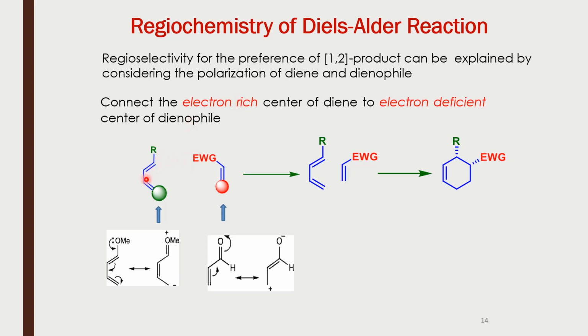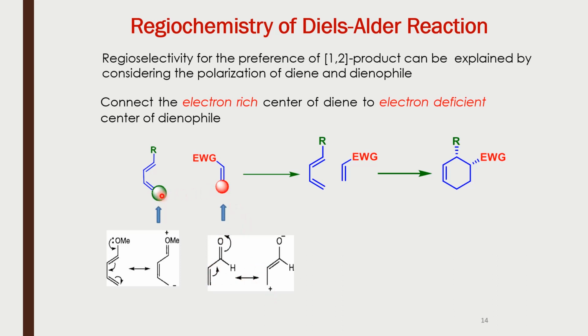Because if this is my substituted diene which has the substituent on C1, let us assume that you have a methoxy on C1, then you can delocalize these electrons, as a result of which you find that there's a greater electron density on this carbon as is shown here. If you consider this as the dienophile which is attached to an electron withdrawing group, then you can see that by delocalization, I find that this carbon is electron deficient.